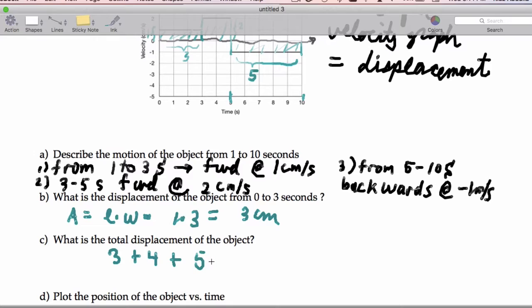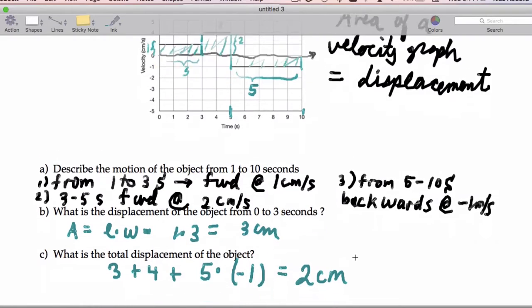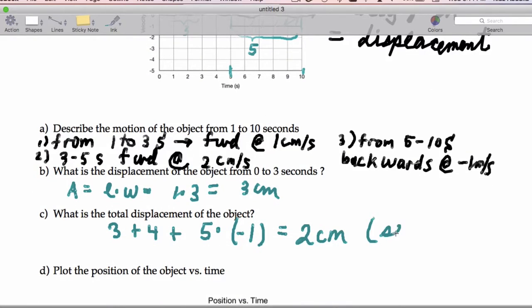So plus 5 times -1. And when I add that up in my calculator, it's going to be a total displacement of 2 centimeters. All right. And what I'll say here is C graph.